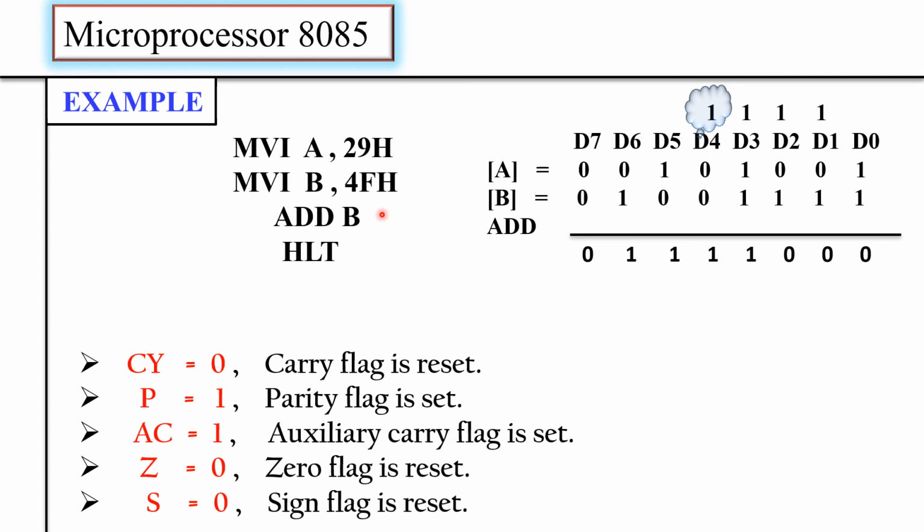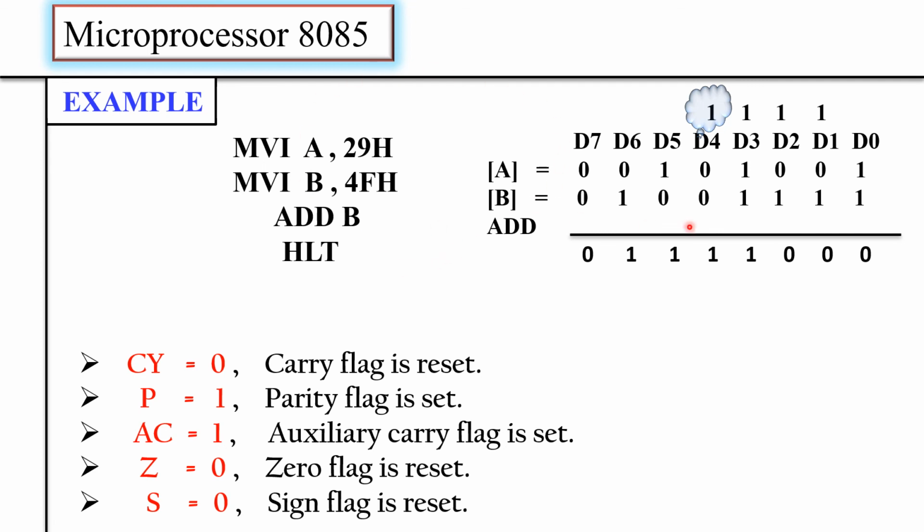MVI B, 4F: 4F data is moved into register B. So the content of register A is 29 and that of B is 4F. ADD B: we are performing addition. The content of register A, the accumulator, is added with the content of register B, and the result is stored in the accumulator. HLT: end of program.